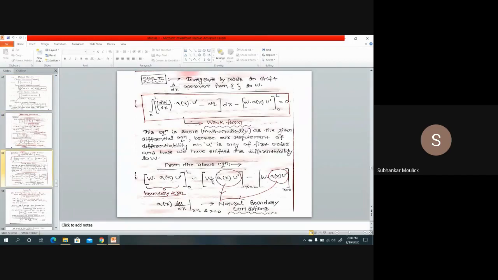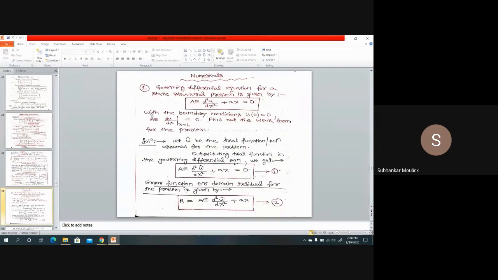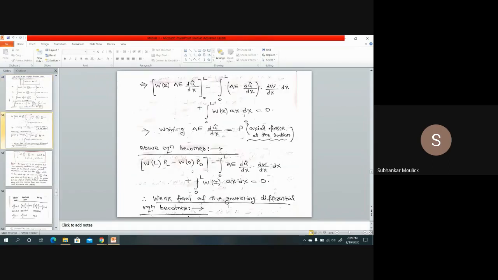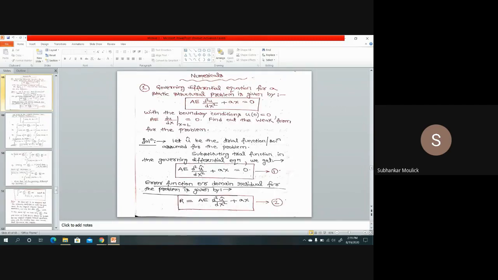While minimizing the residual, we have to keep in mind that we have to weaken the differentiation order of the unknown variable u. That means we make it du over dx, and one d by dx is left. That d by dx we add with the weighted function. See, here I have added it with the weighted function. Then that particular equation will be the weak form of this given problem. Did you understand what we are going to do in this problem?